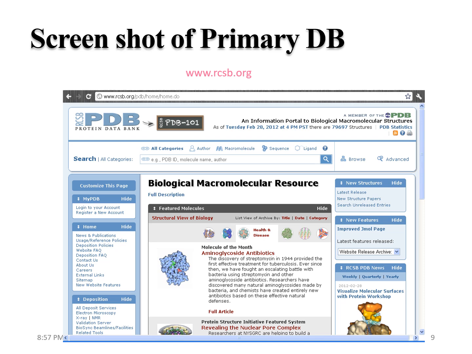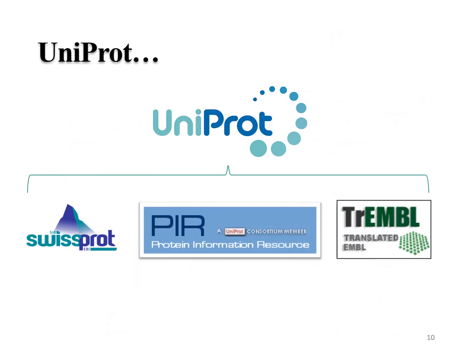It is called the Protein Data Bank, also known as an important information portal to biological macromolecular structures. This database is slightly different from the previous one, ExPASy, because this database stores protein structural information, whereas the previous one stores mainly sequence information, and it is accessible at the website www.rcsb.org.